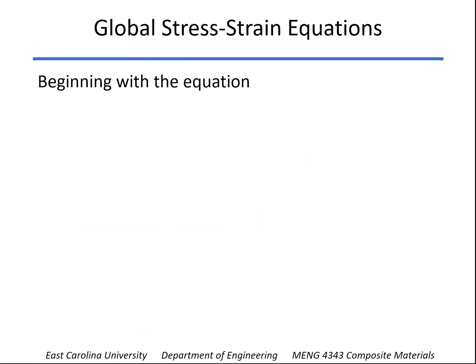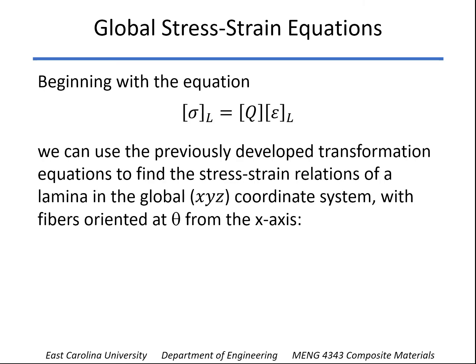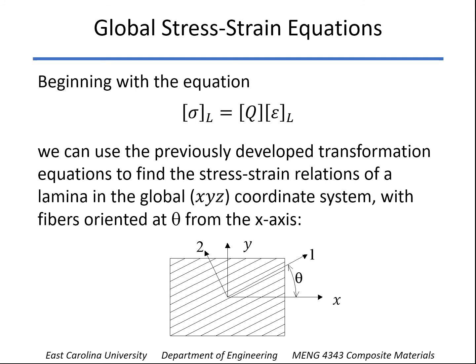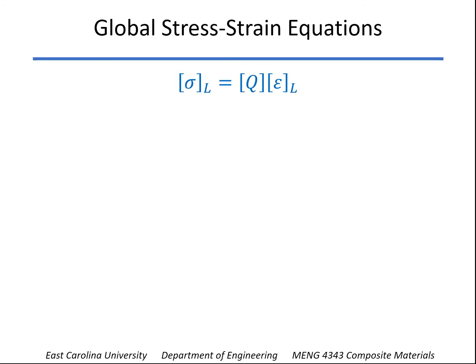All right, well now I want to do the same thing, except now instead of local coordinates, I want to transform this to global coordinates. So starting with this equation and recognizing that we can use some of the transformation equations that we used earlier, we could start out by noticing that the local stresses, if we multiply by T1 inverse, so again we have to multiply both sides by the T1 inverse matrix.